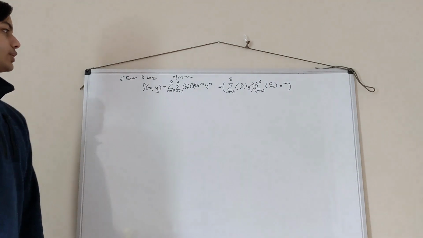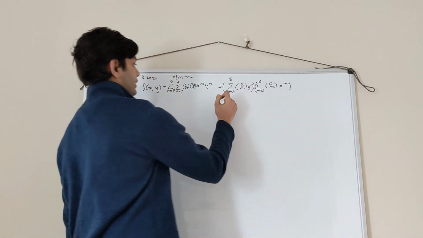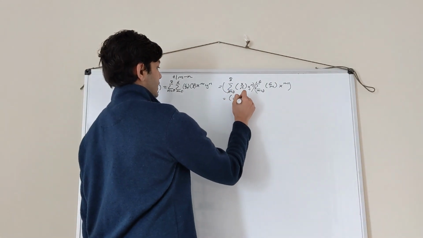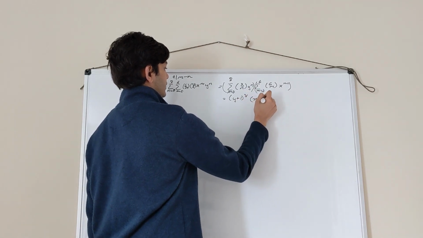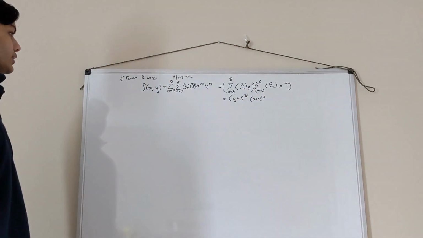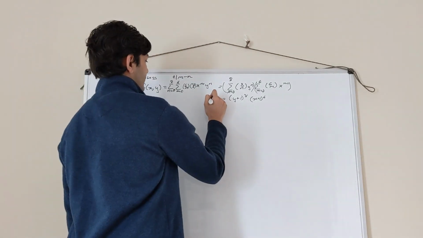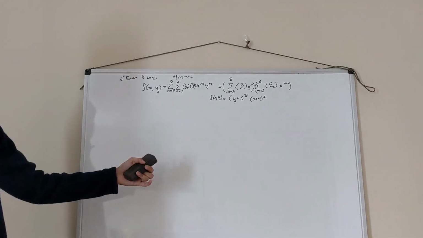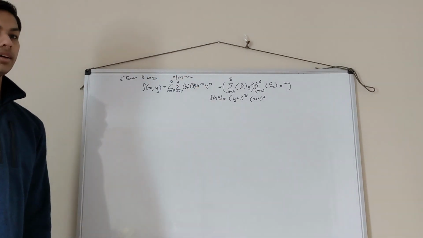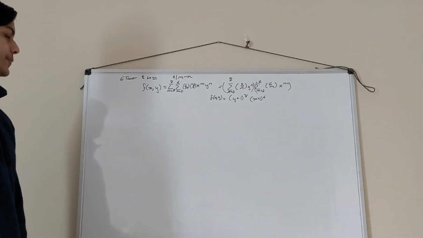Now you should be able to realize that this one is just y plus 1 to the 8th, and this is just x plus 1 to the 6th. So this is our expression for f of x, y, and we want to somehow isolate the terms for which 4 is a factor of m minus n.